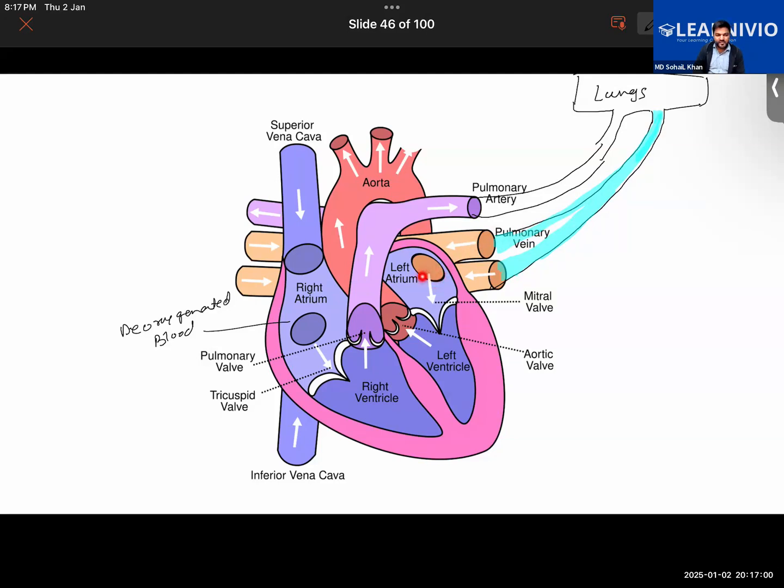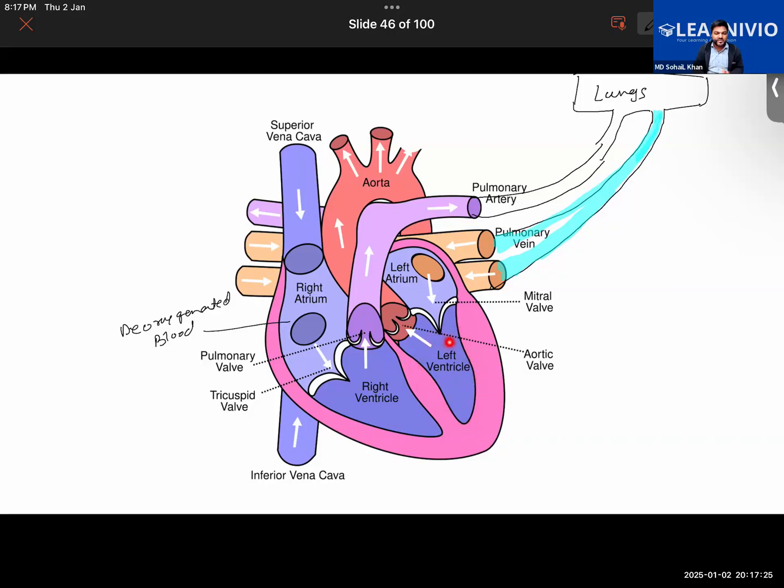Okay, now in the left atrium, what will happen? The muscles of the left atrium will squeeze and push the blood towards the left ventricle. And so that the blood does not flow back to the left atrium again, there is another valve here called the mitral valve. Now talking about the left ventricle, there is one very special thing about it: it is the strongest chamber of the human heart.